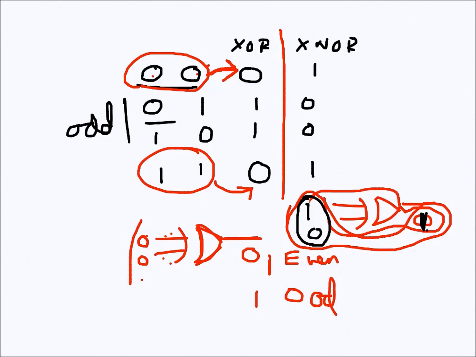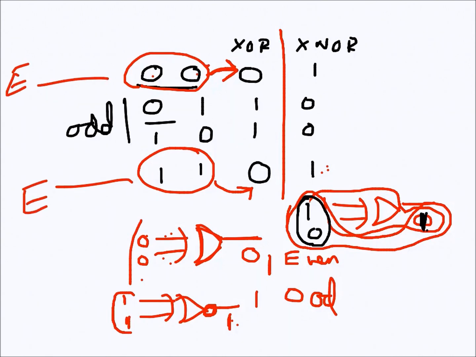An XNOR gate similarly can generate. If we look at an XNOR gate here, if it were 1 1, it will give 1 here. It is giving 1 because the parity is even here, so these two are even.